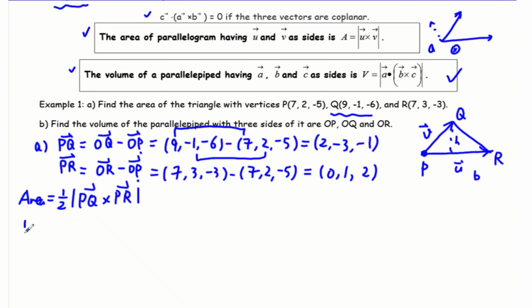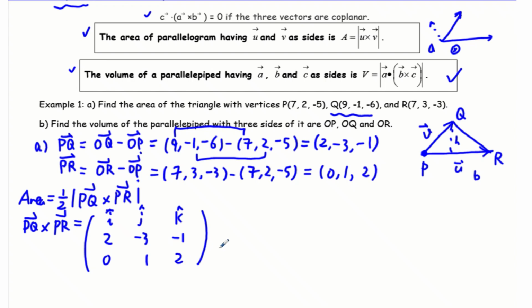PQ cross PR, we are going to use the IJK matrix. IJK is just direction. PQ is 2, -3, -1, aligned with X, Y, Z direction properly. For the I direction, it is just this part: -3 times 2, then minus 1 times -1.